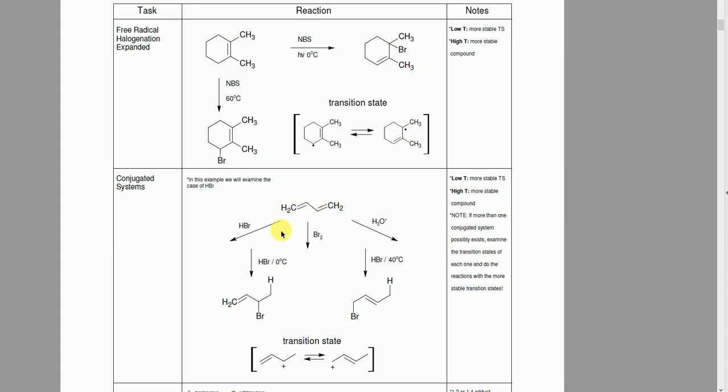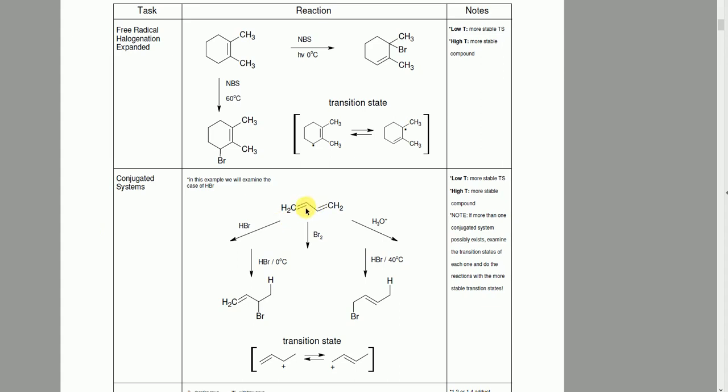Okay, so basically it provides additional stability. The more double bonds that you have that are conjugated, the more stability that those double bonds are going to have. So it allows for things like resonance structures and so on and so forth that help stabilize the entirety of the molecule and lower the total energy.